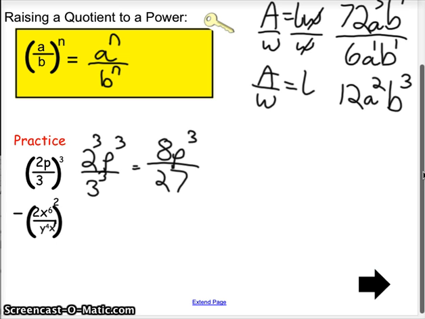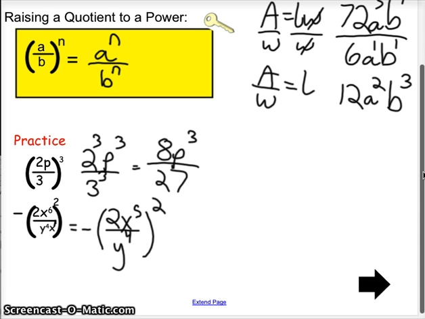So before I start dealing with that overall power of 2, I'm going to simplify x to the 6th divided by x to the 1. I'm going to call that x to the 5 right off the bat. I'm just going to clean up the inside of that parenthesis a little bit before we dive into distributing that power of 2.